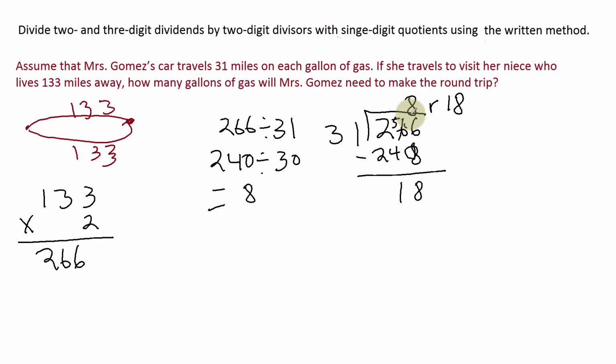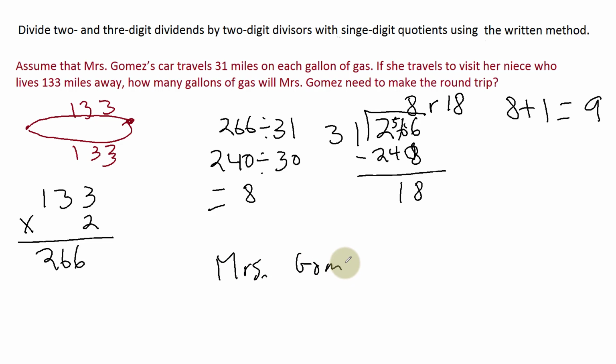So we know we need 8 gallons of gas, but in this instance, this remainder of 18 represents 18 additional miles beyond the 8 gallons of gas. So we need to consider 8 gallons of gas plus 1 gallon of gas for the last 18 miles, means we're going to need a total of 9 gallons of gas. We always complete our word problems with a sentence.